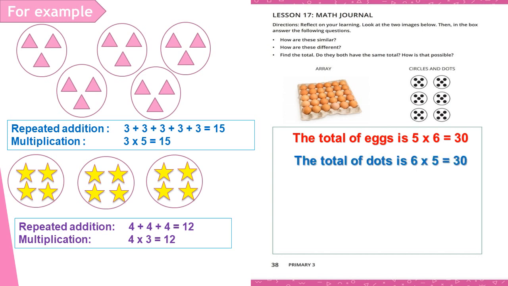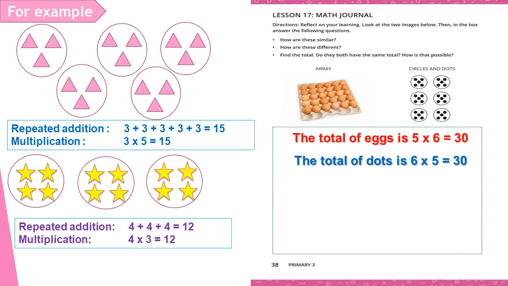The total of dots, we have here 6 groups or 6 circles. Each circle has 5 dots. Then we find that 5 repeated 6 times. So the multiplication equation is 6 times 5. 6 times 5 equals also 30.